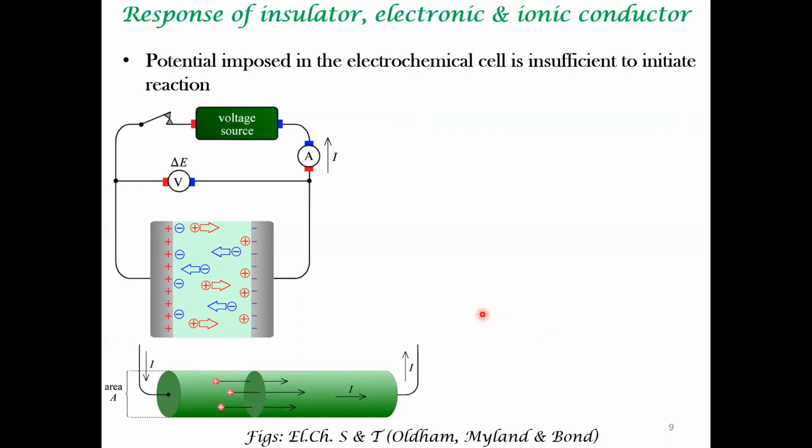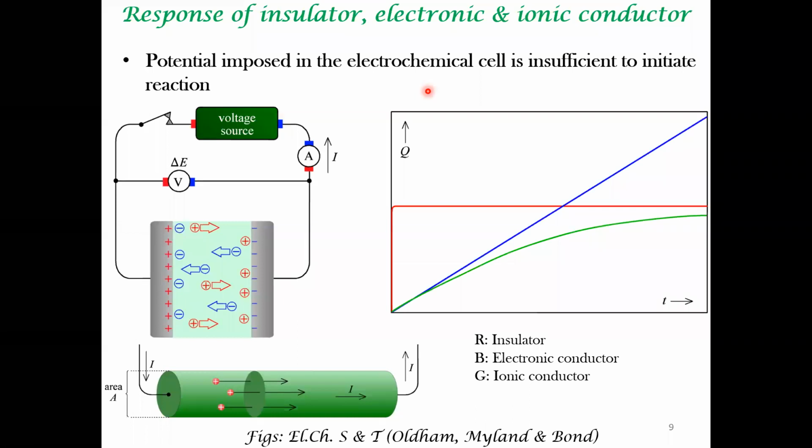You have to increase the potential beyond a particular quantity to see an electrochemical reaction. So let's consider a simple case where the potential imposed is insufficient to initiate a reaction. What we would like to contrast here is the response of an insulator, an electronic conductor, and an ionic conductor.